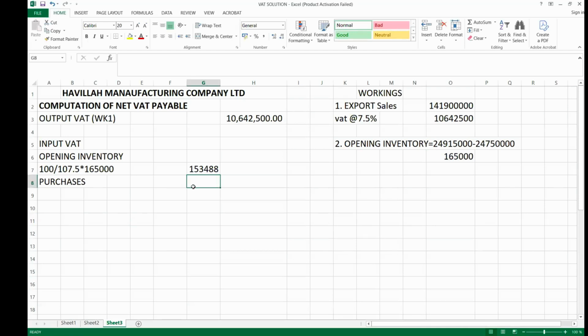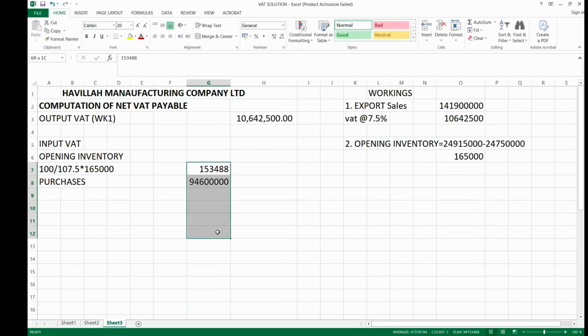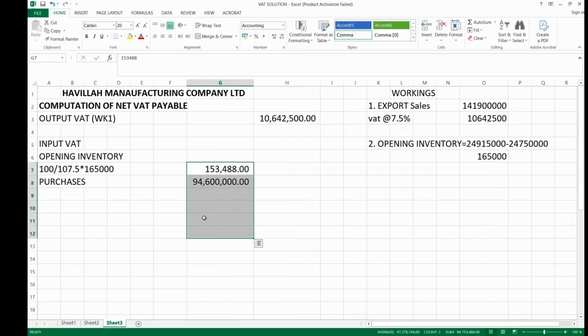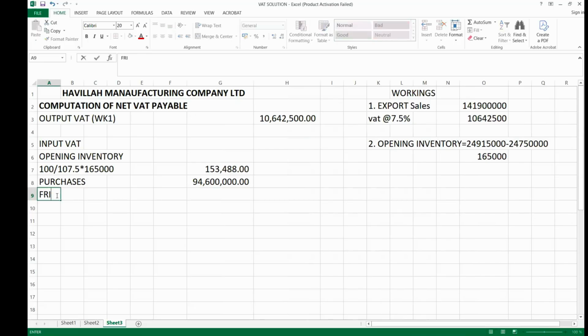Then we are given freight charges, 2,570. It's also a direct cost.